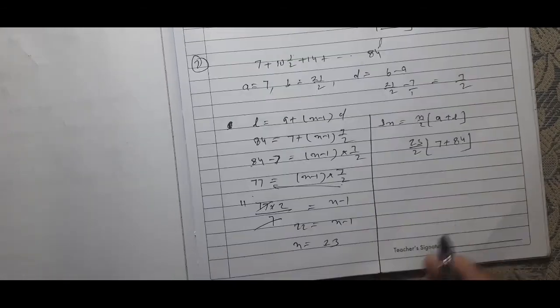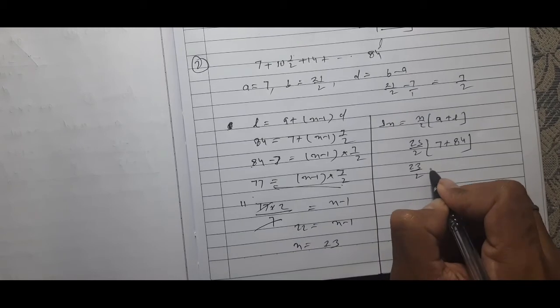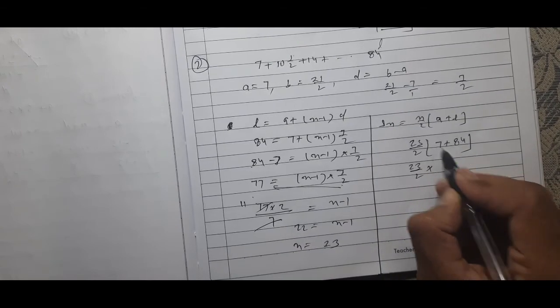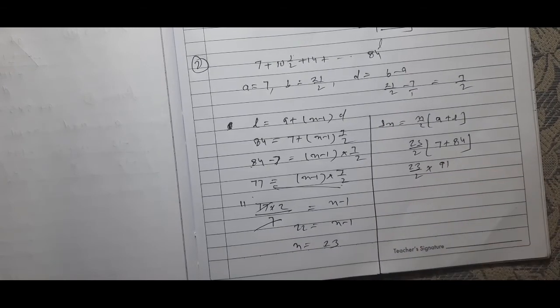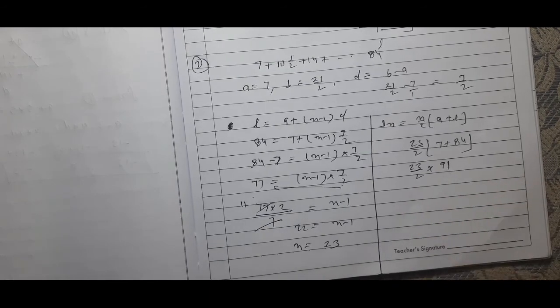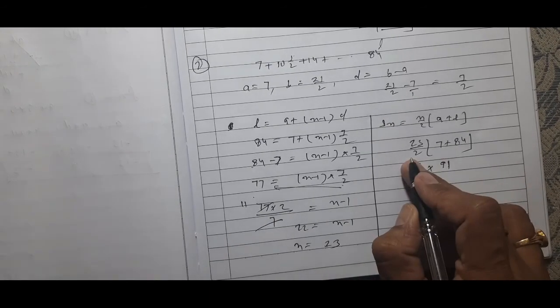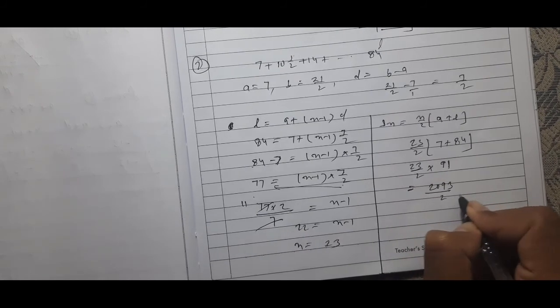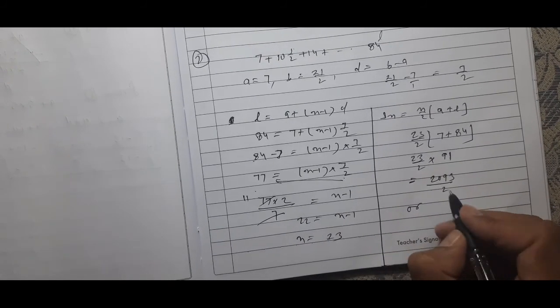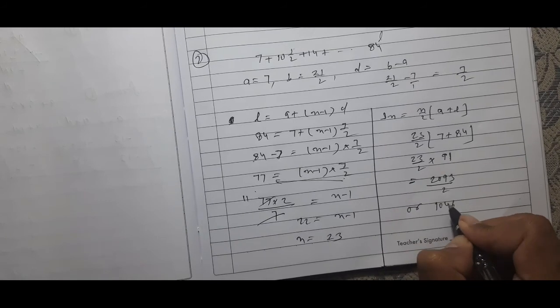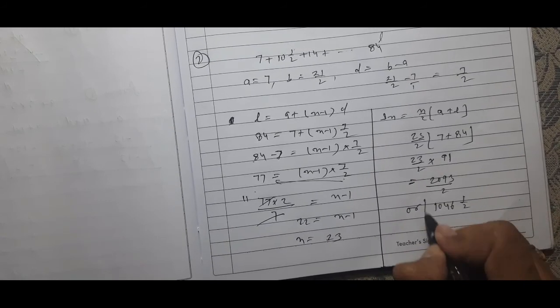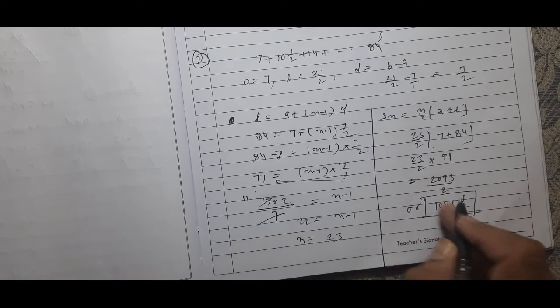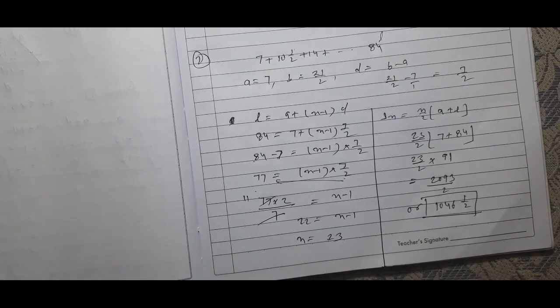Got it? So 23 by 2 into 7 plus 84, means 91. Okay. So multiply these two things. So 2093 by 2, or we can say 1046 1 by 2. This is the answer. This is the sum of all the terms. Okay, got it?